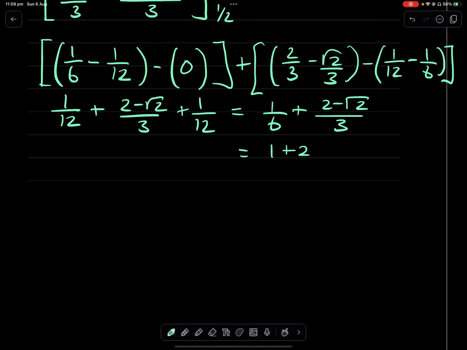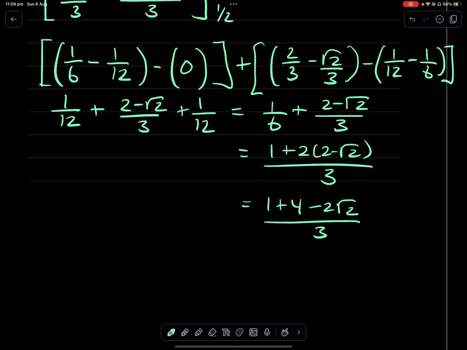Plus 2 minus root 2 all over 3. So if I put a 1 here, which is 1 plus 4 minus 2 root 2 all over 3, which is 5 minus 2 root 2 all over 3.